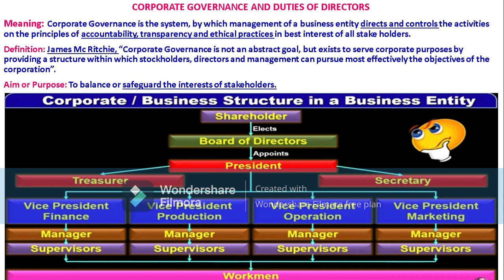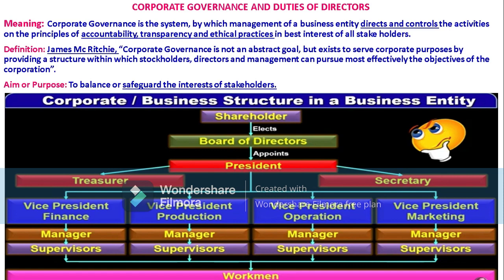So all the people associated with the organization in any way. Okay, so it depends upon their agreement, but whenever they are associated with the organization, definitely their interest should be safeguarded by the organization.